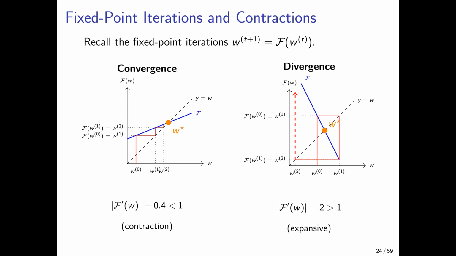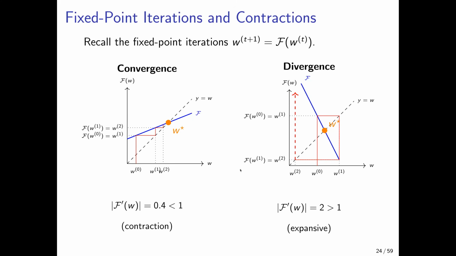And the reason for that is that if we look at the derivative here, the derivative is 0.4. It's a linear function, so the derivative is constant, and here it's 0.4. And so this is strictly smaller than 1, and so it is a contraction. And therefore the fixed point iteration must converge.